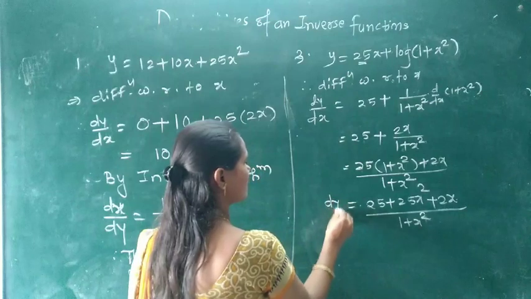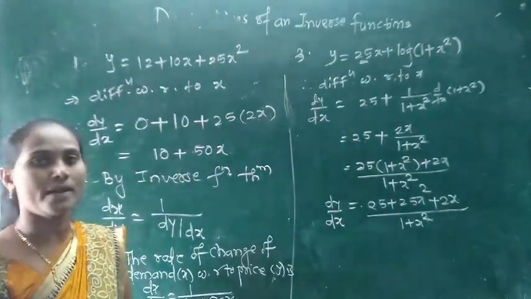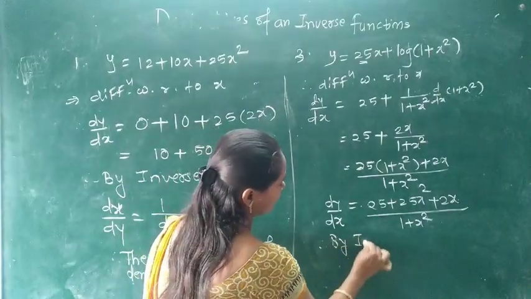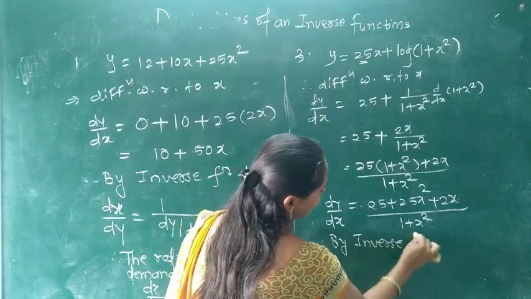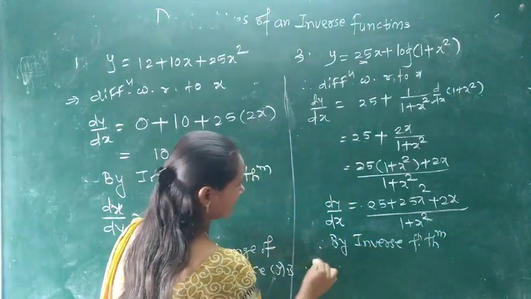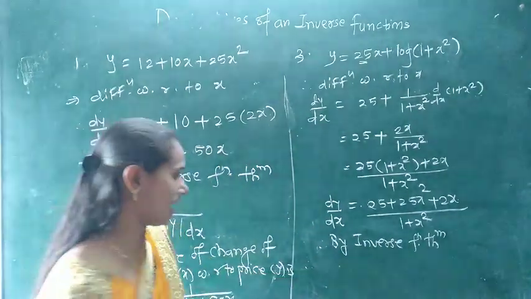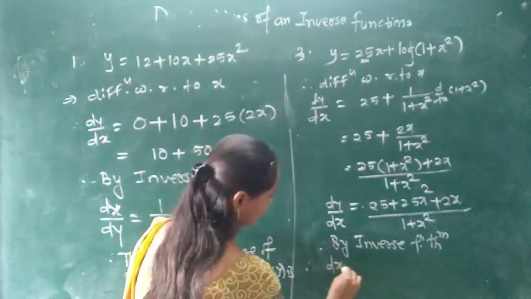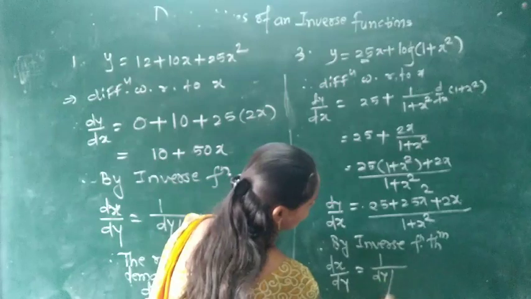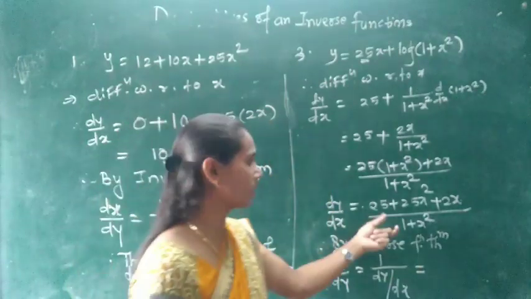That is dy upon dx. But we have to find dx upon dy. So again, by the inverse function theorem, the rate of change of demand x with respect to price y is dx upon dy, equal to 1 upon dy upon dx, which is equal to 1 upon this term.